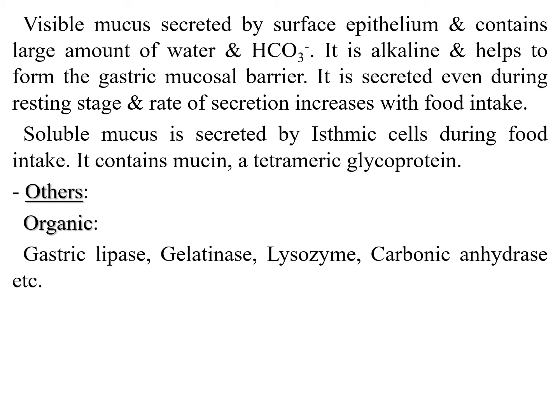Gelatinase and lysozyme are the enzymes that are more involved in the innate immunity part of the stomach. That is, they help to break down the cell walls and protective capsules of potential pathogenic organisms that we take along with our food. And carbonic anhydrase is an enzyme which is involved in HCl secretion. Though it is mostly present inside the parietal cells, some is secreted also.